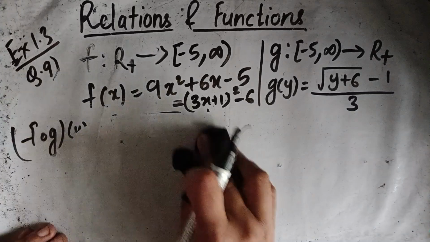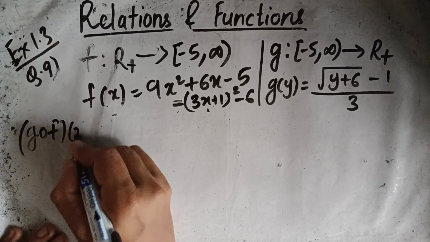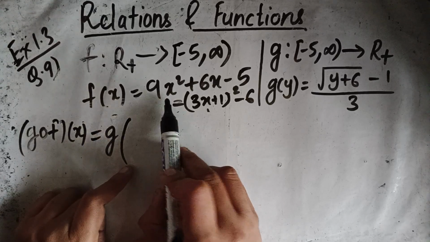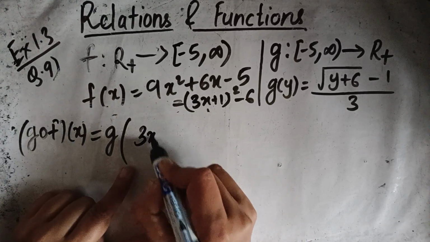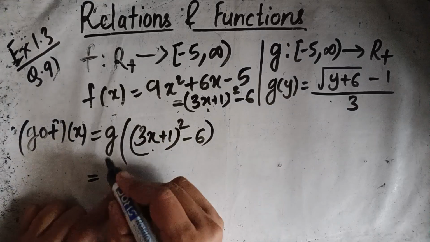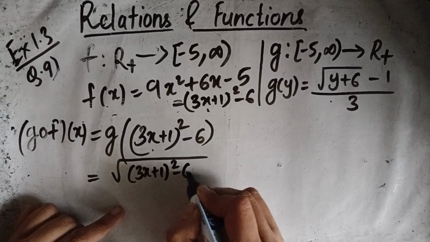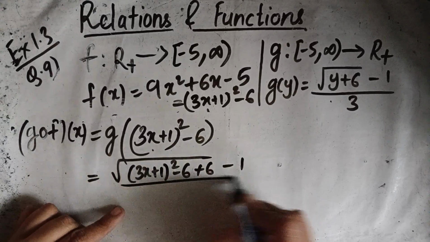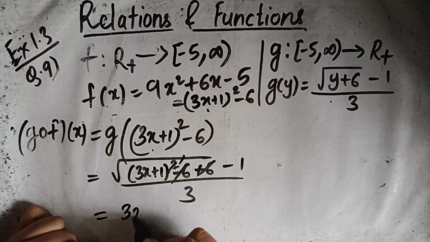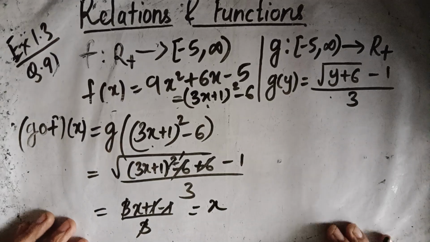Next we have to compute g composite f of x. So g of f of x is this. Again you can make use of this. Put this in this. So this is root of 3x plus 1 the whole square minus 6 plus 6, upon 3. So square and root cancel, and we get x.